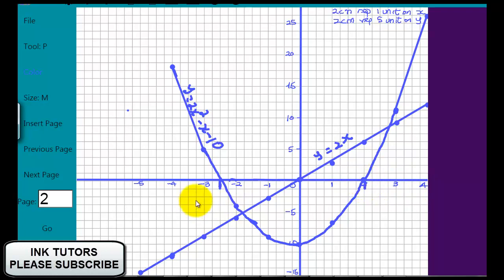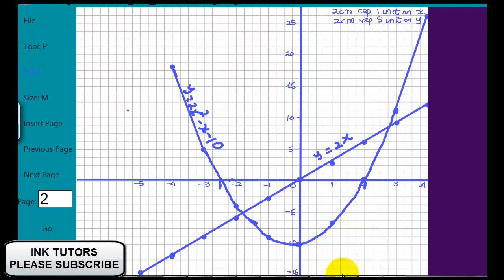So this is going to be minus 2 point something. Remember, each box here is going to be 0.25. So this is minus 2, this will be minus 2.25, this will be minus 2.5. So it's going to be minus 2.5 and 2.